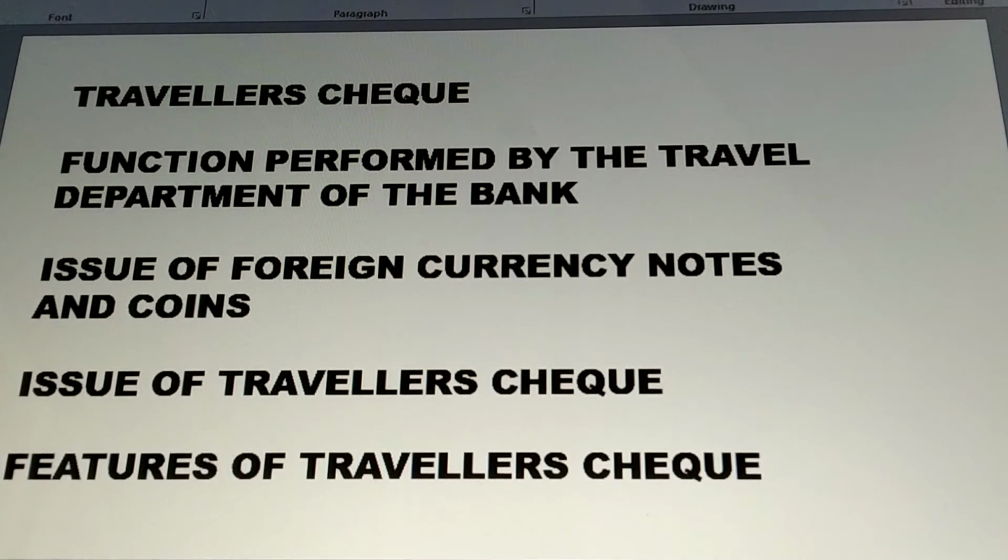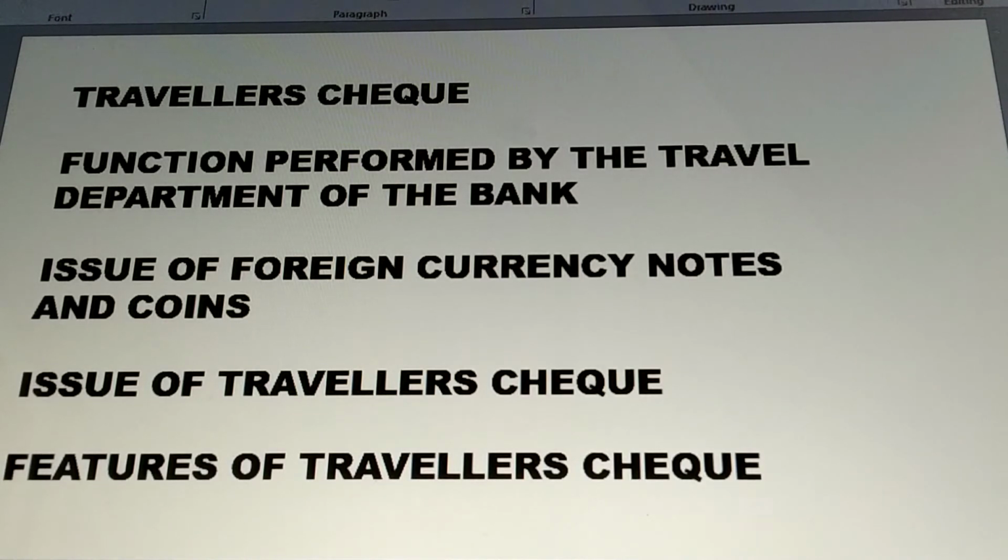Likewise, when a foreign national travels to India, he needs Indian currency, so he can approach the travel section and deposit an equal amount of foreign currency. Whether it is notes or coins does not matter. It should be an equal amount. I hope issue of foreign currency notes and coins, under functions performed by the travel department of the bank, is clear.